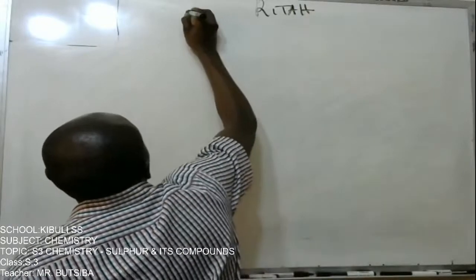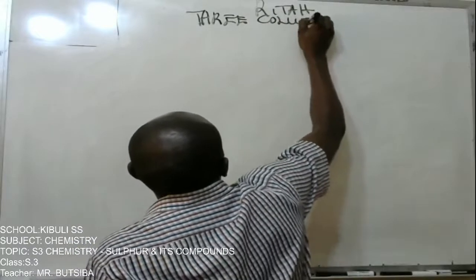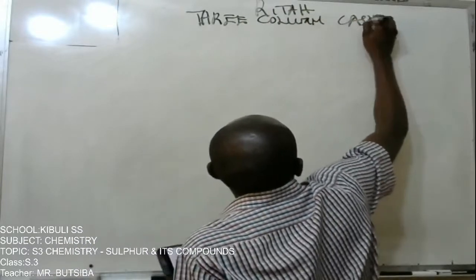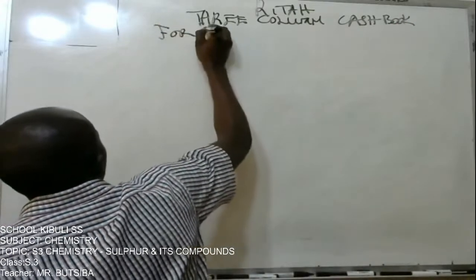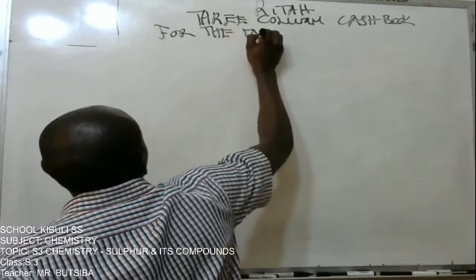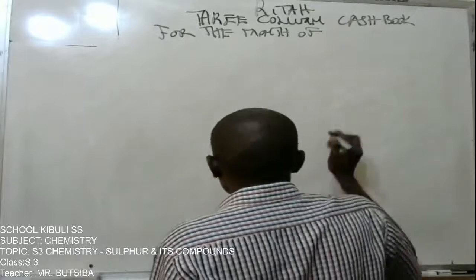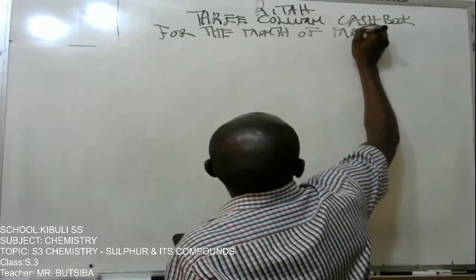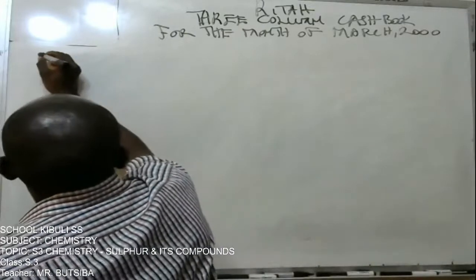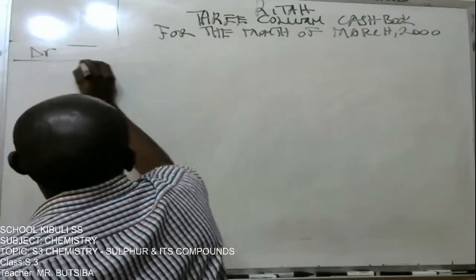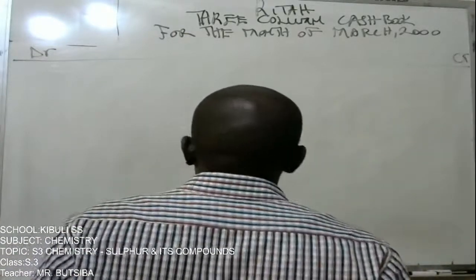Then you say 3-column cash book, for the month of, which month was it? It was March 2000.